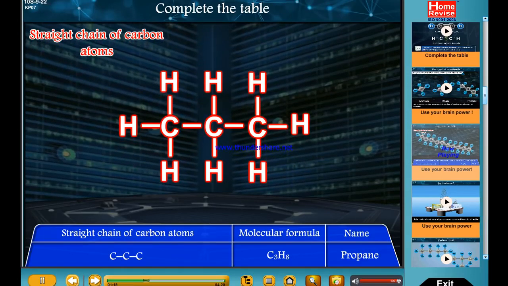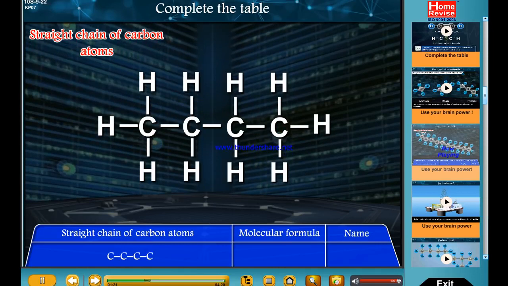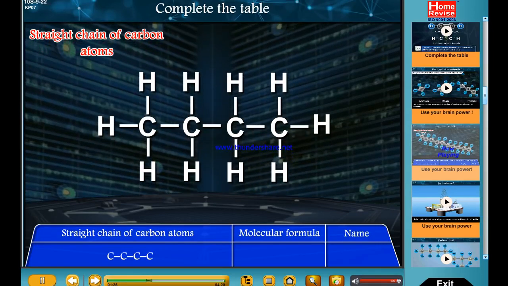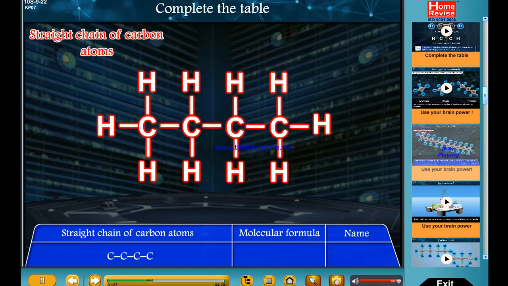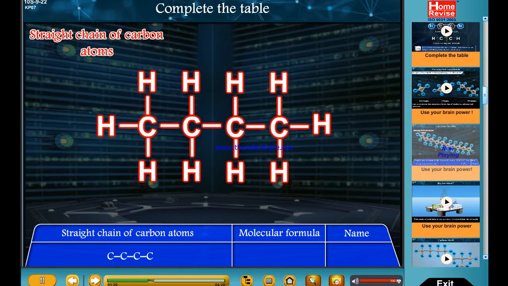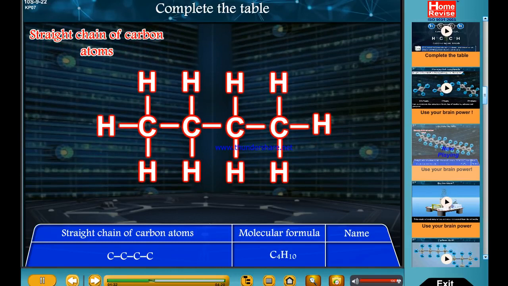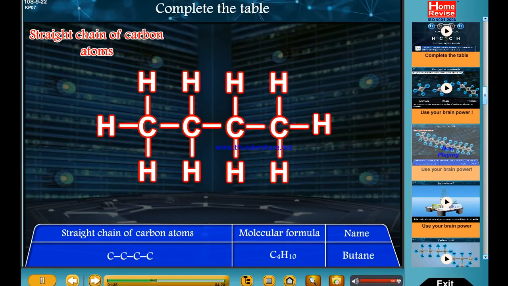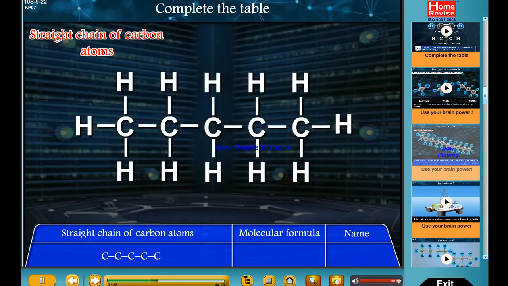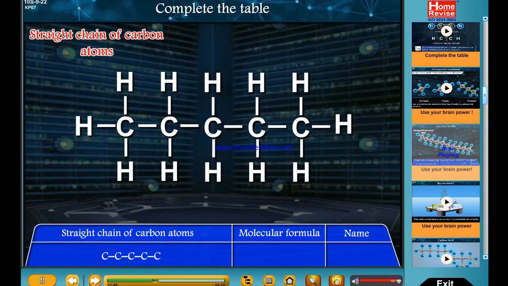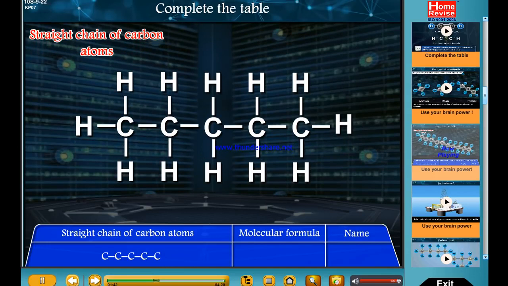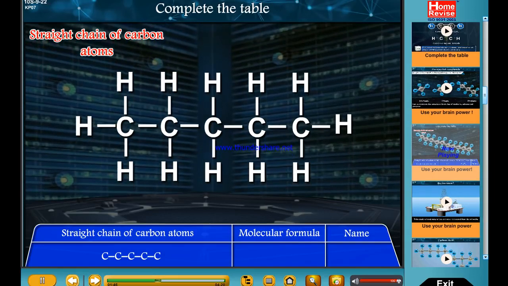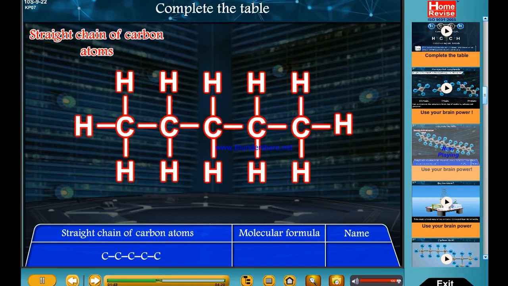Straight chain of carbon atoms C, single bond C, single bond C, single bond C. This is the structural formula. Molecular formula C4H10. Name, butane. Straight chain of carbon atoms C, single bond C, single bond C, single bond C, single bond C. This is the structural formula.